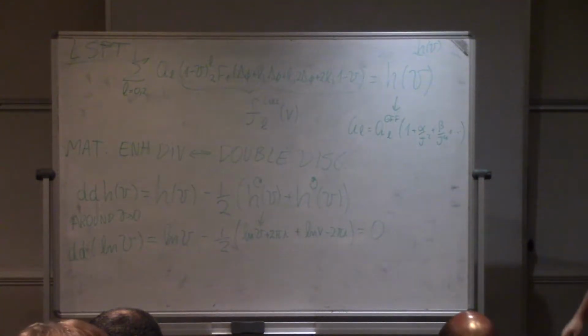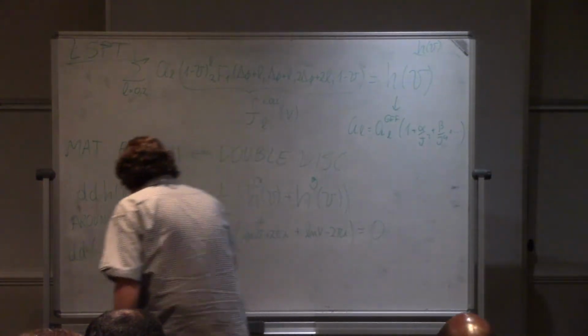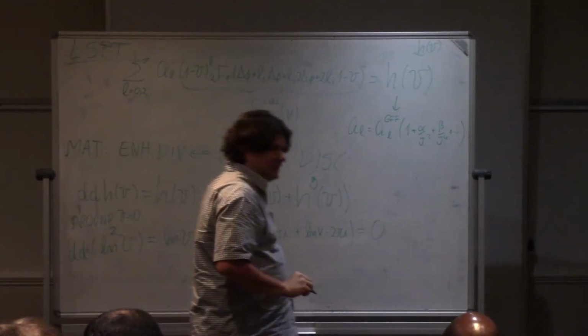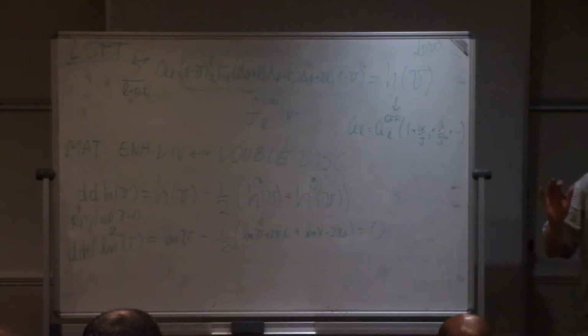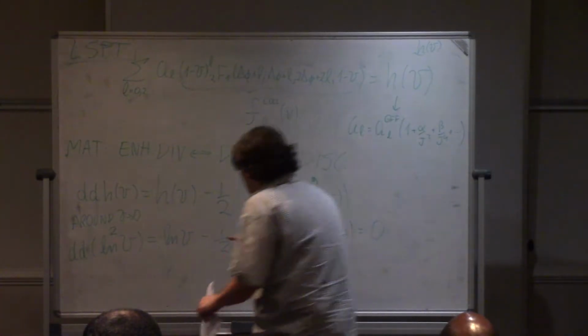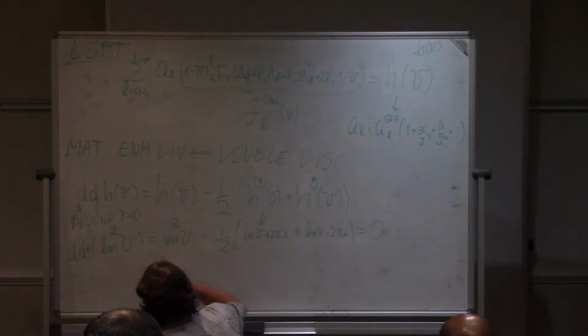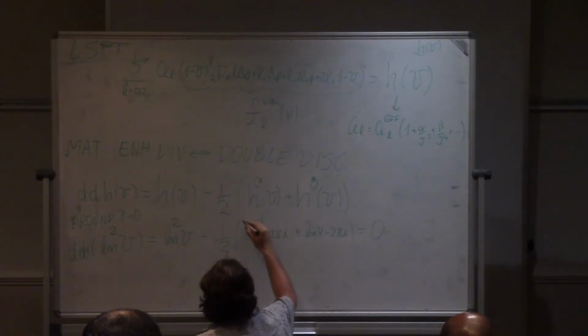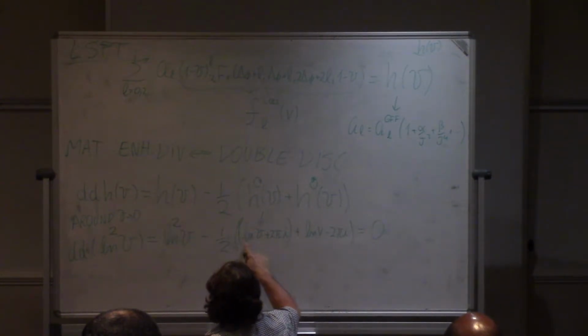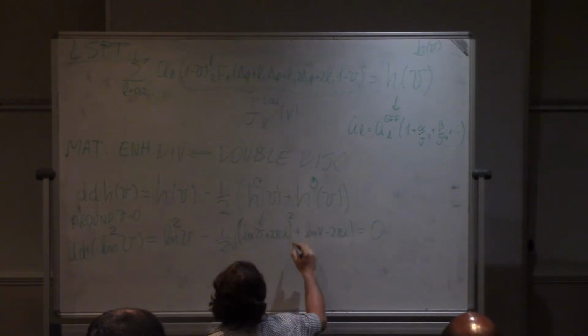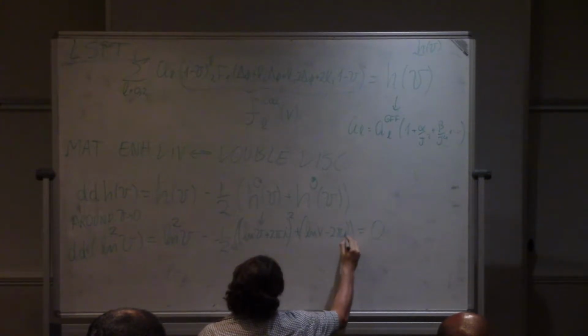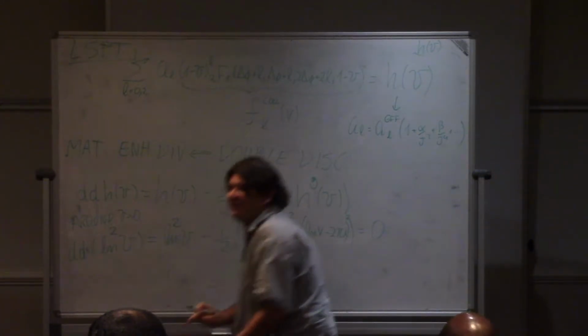Happy, we are happy. Now, imagine that you compute this for log square of v. You do exactly the same. So you have log square of v here. Then here, you replace log v by log v plus 2 pi i, but this is the square. And this is also the square.